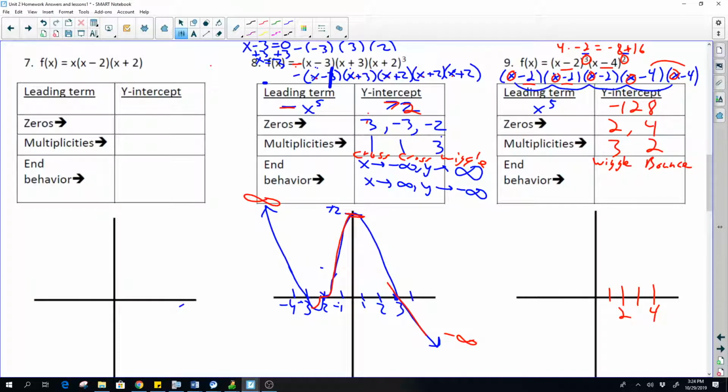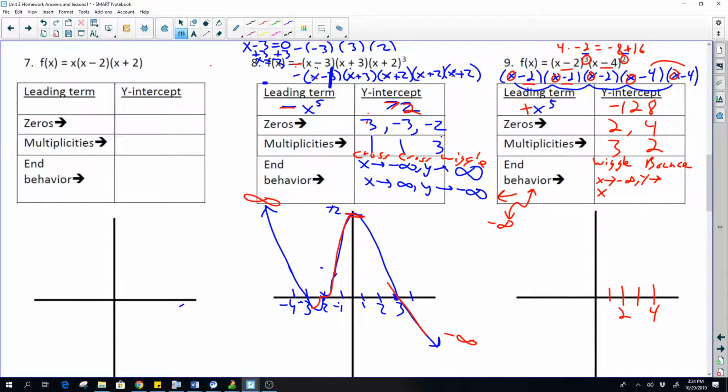The end behavior comes from the leading term, so it's positive, and it's x to the 5th power. A positive x to the 5th power should look something like that. As x goes to the left, to negative infinity, y goes down to negative infinity.